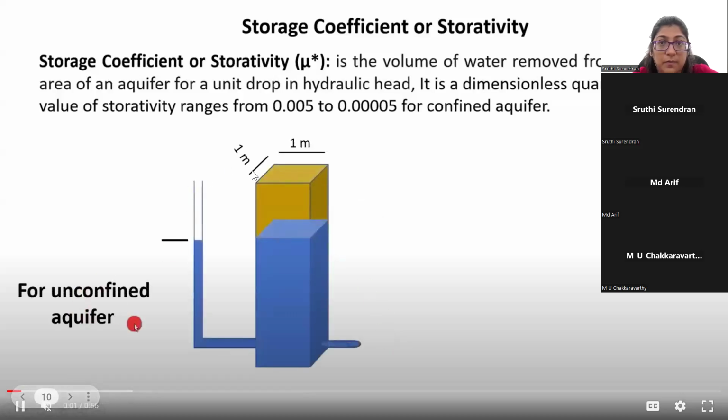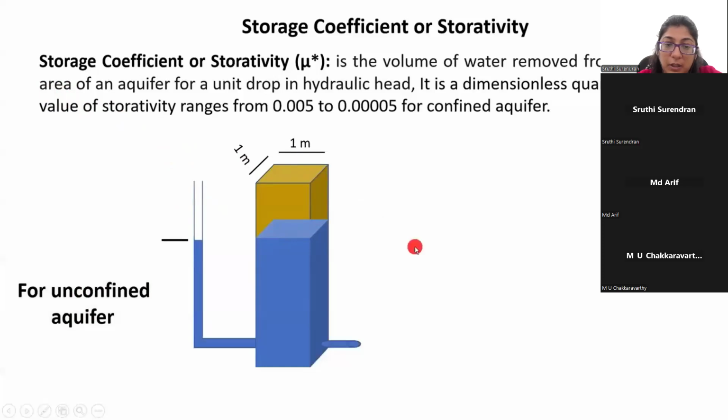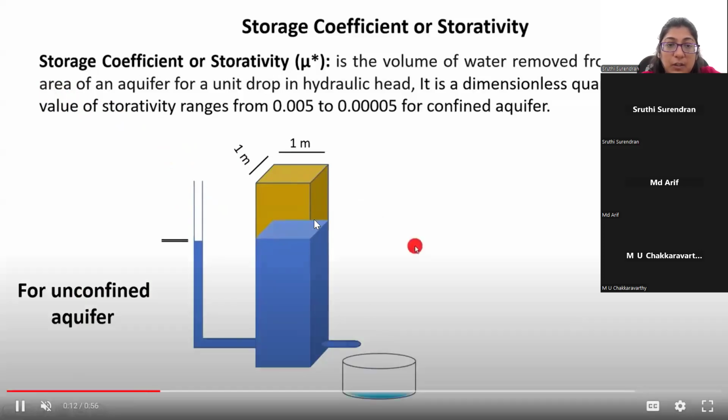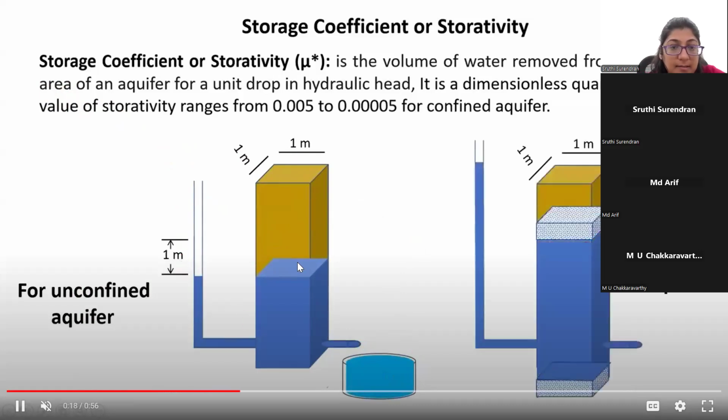Okay. Now, before we move on to the next question, I would like to discuss this topic called storage coefficient or storativity. We had learned about what specific yield of an aquifer is. Specific yield of an aquifer is nothing but the volume of water that is released as a result of gravity per unit area, per unit hydraulic head.